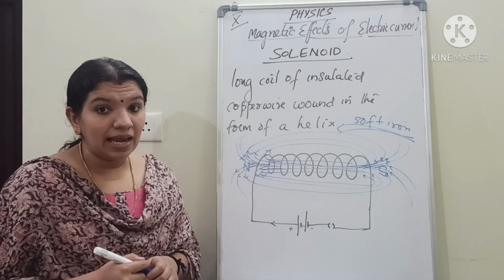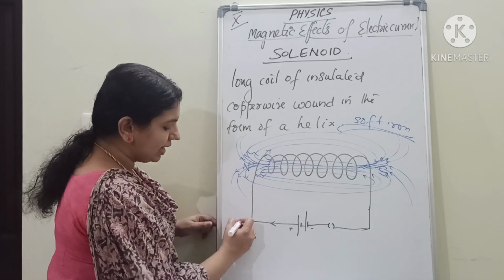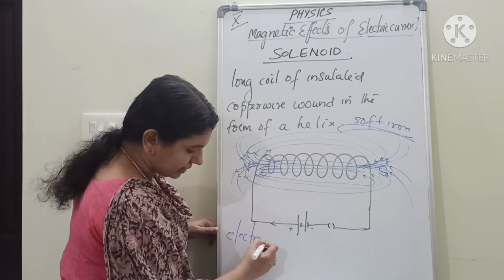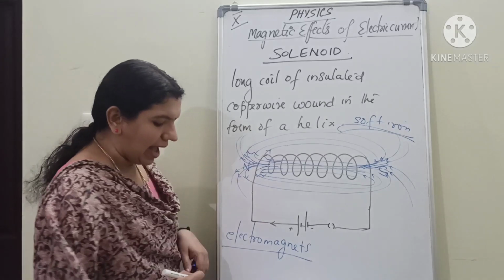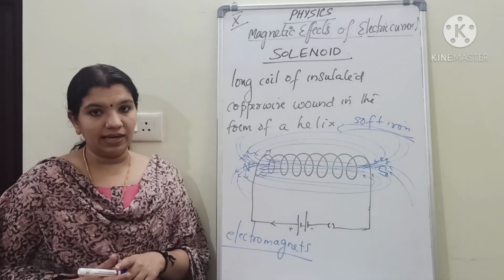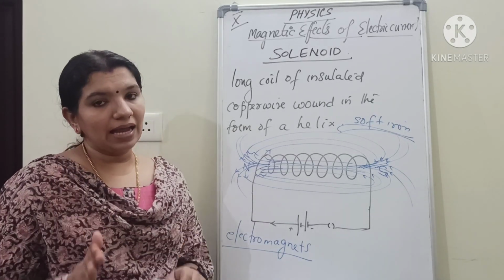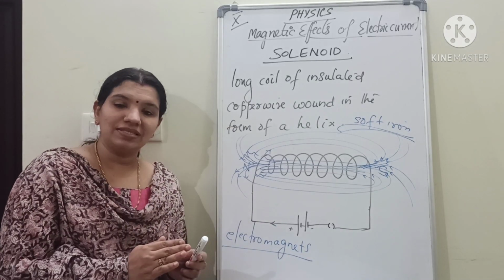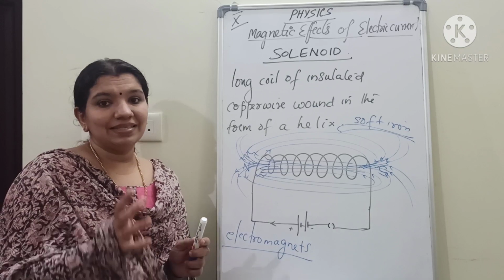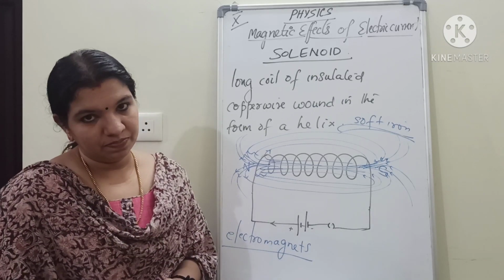What is that? Electromagnets. So what are electromagnets? Electromagnets work on the magnetic effect of electric current. That means only with the help of electricity it will work. It is a temporary magnet.